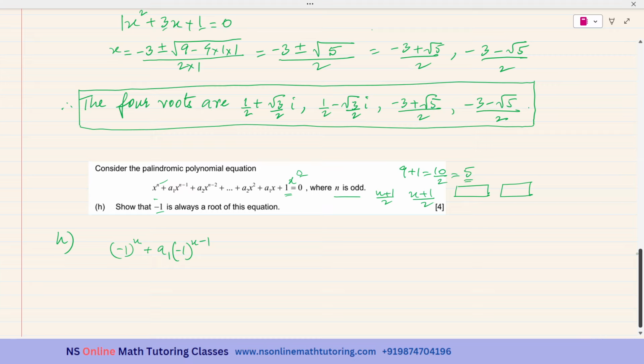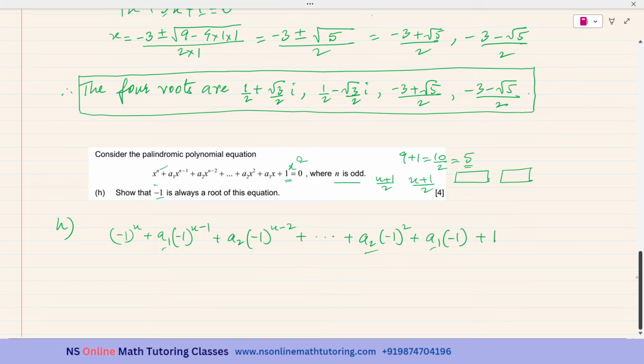So n minus 1 is an even number, plus a2 times negative 1 raised to the power of n minus 2, plus dot dot dot plus a2 times negative 1 square plus a1, because it is a palindromic polynomial equation. So a1, a2, these are also appearing in the reverse order. And minus 1 and plus 1. Let us see whether this is equal to 0 or not.